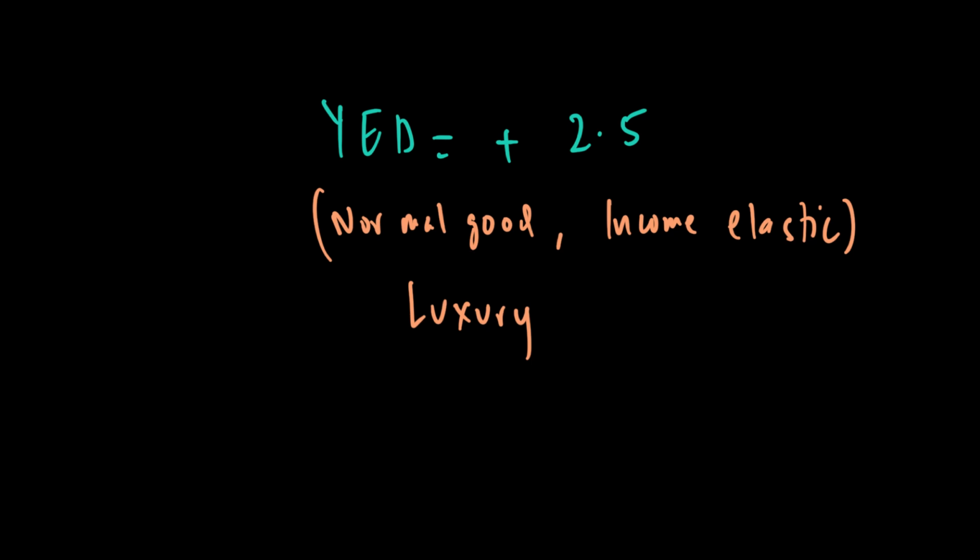However, you also buy less of it when your income goes down, and significantly less of it. So whenever the YD value is positive, but more than one, you're looking at an income elastic good. And a good example of this could be your luxury goods.